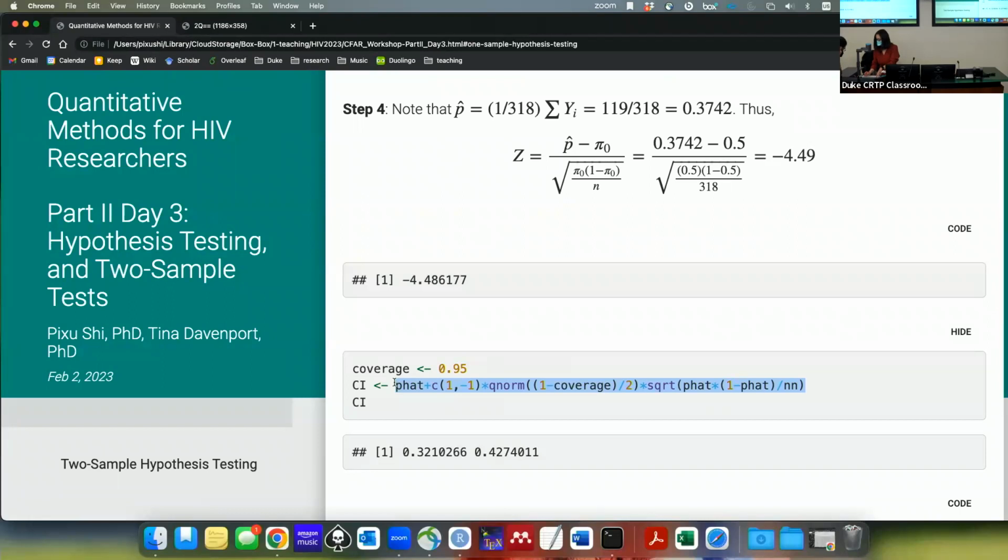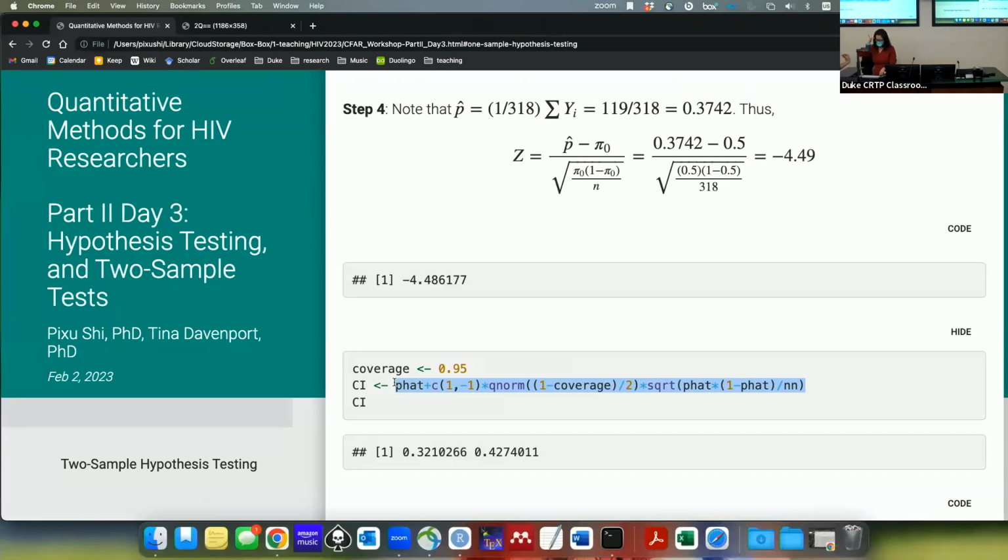But I think for this example of the proportion, the standard deviation is tied to the null. No, the interval here is related to this test, not the test above. Right, so the interval isn't itself constructed with the null.